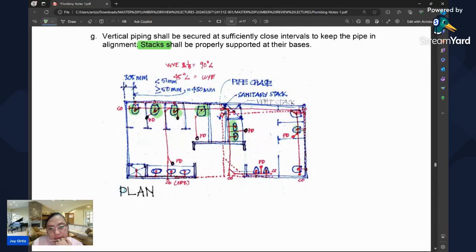Usually, this is what our sample plan looks like. And the red line, that's the drainage system.